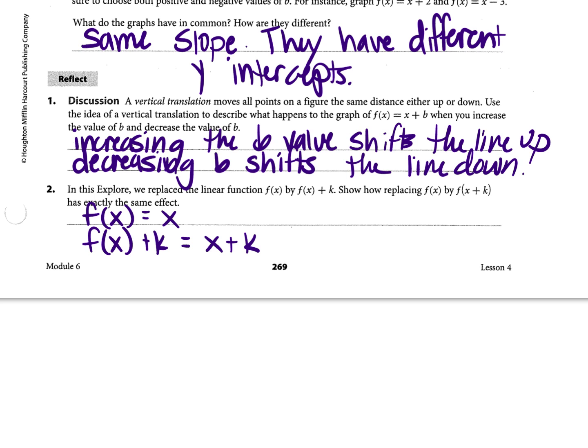If we took f of x equals x, and we replaced the x with the number x plus k, then in this situation we would replace the x with x plus k, which is exactly the same thing.